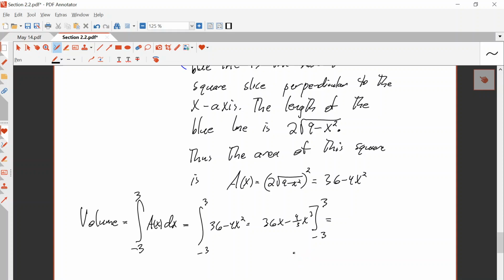Let's see, get my calculator. 216 minus 4/3, so 8/3 times 27, so it's 8 times 9 is 72. So that's 216 minus 72, 144. Okay?